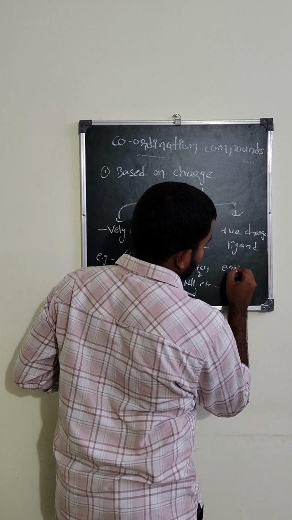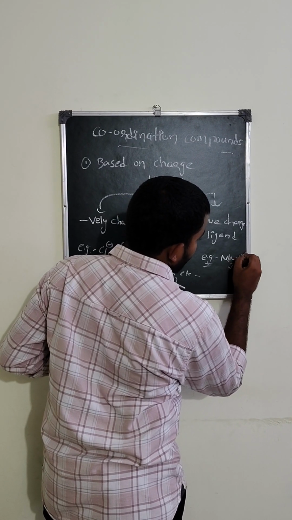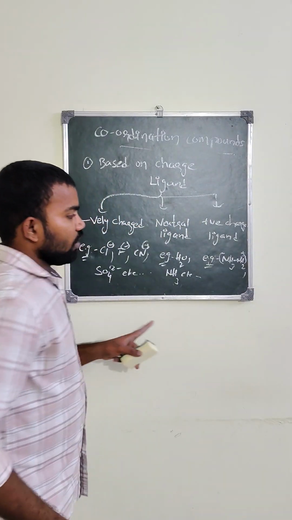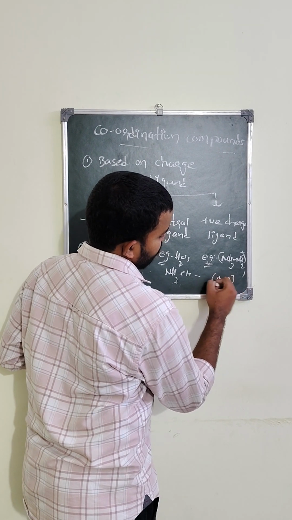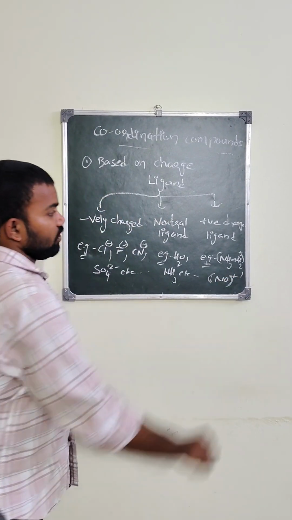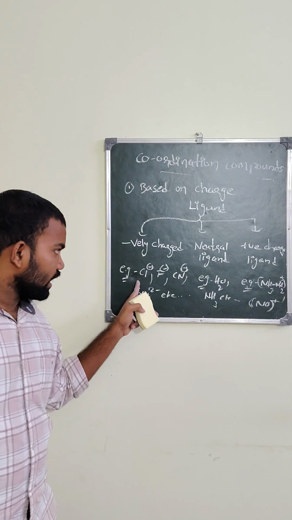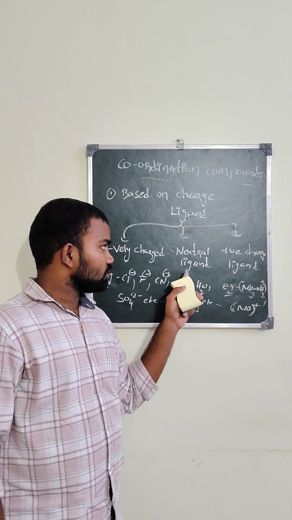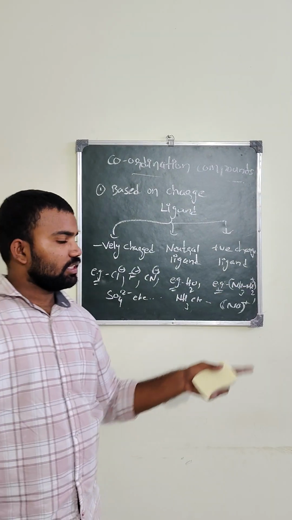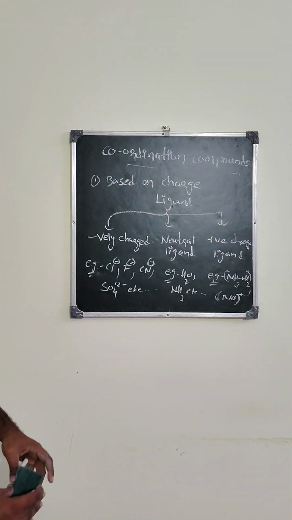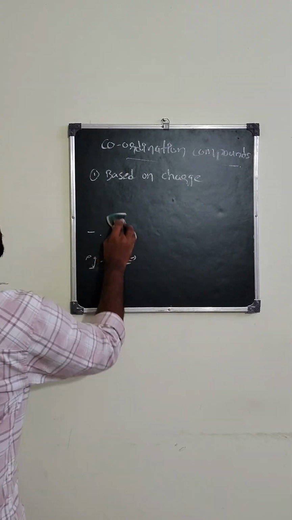For example, NH2NH3+, hydrogen ion, and another one is NO+, etc. If negative charge is present on the ligand, that is called a negative ligand. If there is no charge, that is called a neutral ligand. And if positive charge is present on the ligand, that is called a positively charged ligand. And now another one, the second type, is based on the denticity.